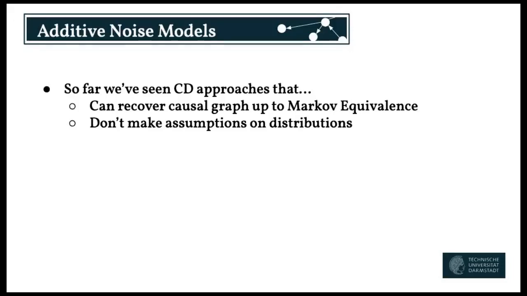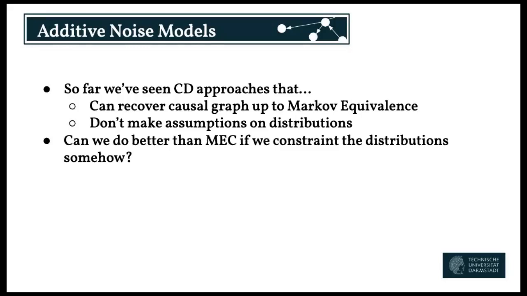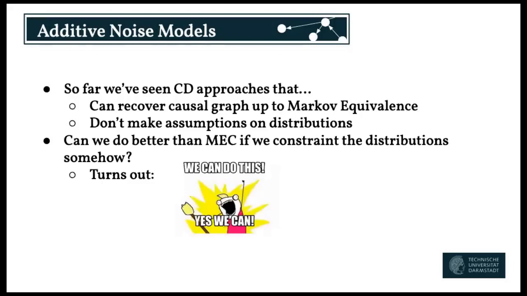And we didn't even make assumptions on the functional form, so they could be linear, nonlinear, whatever. As long as we have an independence test or a scoring function that can handle that, we are fine. However, what if we have some assumptions on the distributions, on the functional form? Can we do better than MEC? Turns out, yeah, we can.